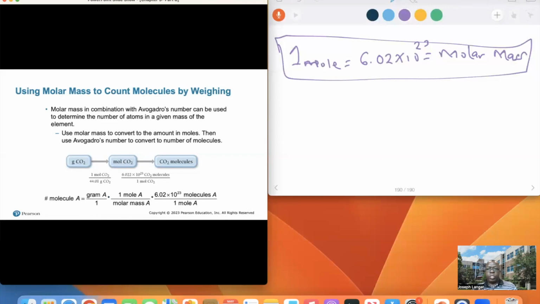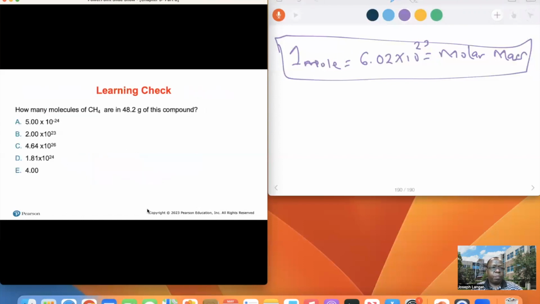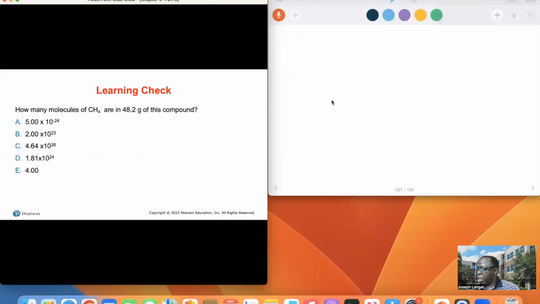It will take practice for you to understand how to convert between molecules, moles, and grams of a compound from the periodic table. So here is an example of a problem where you will be required to use dimensional analysis.